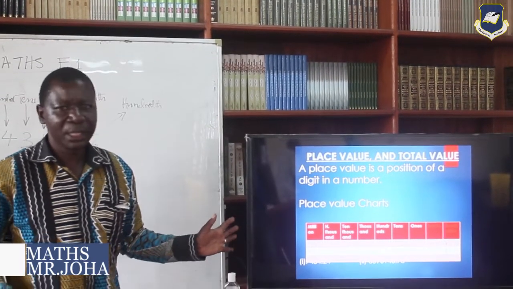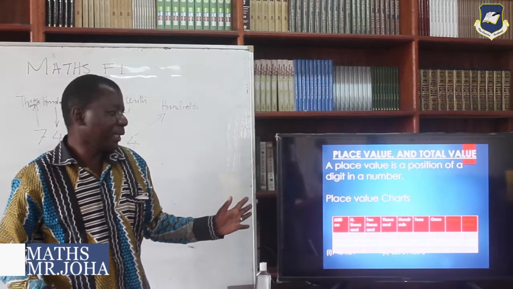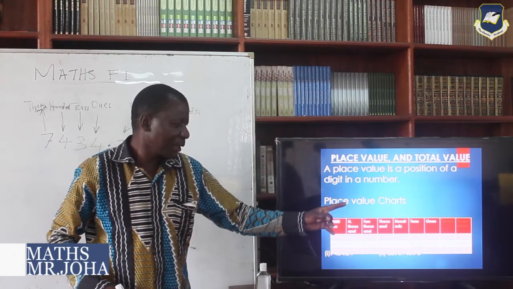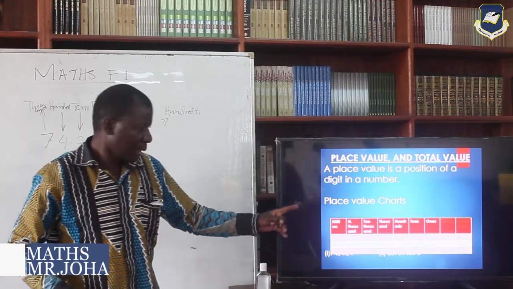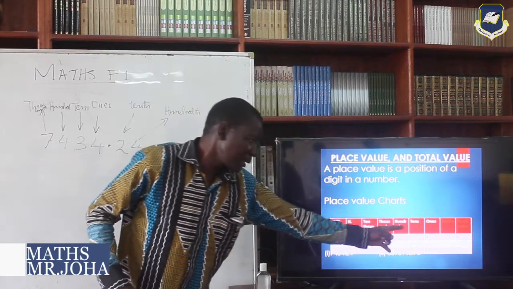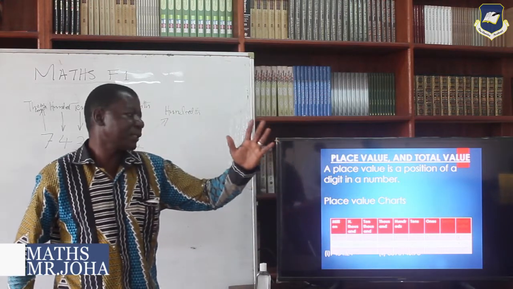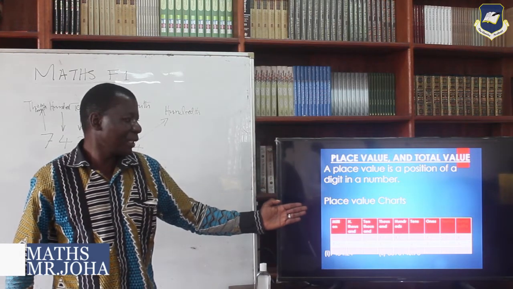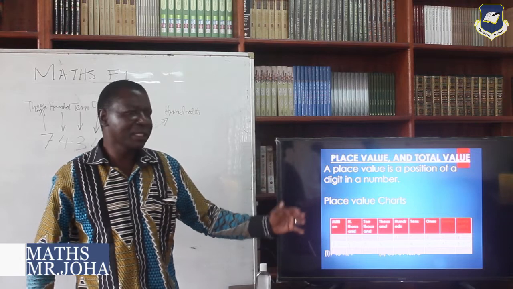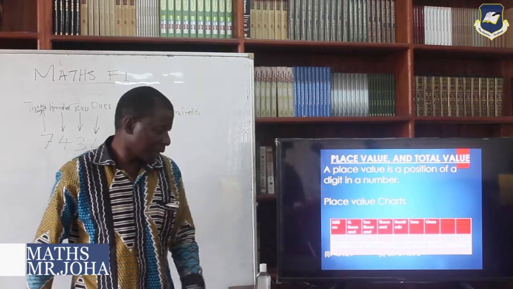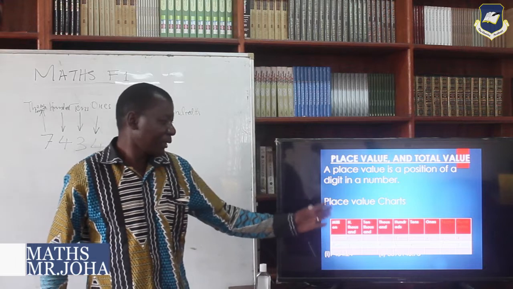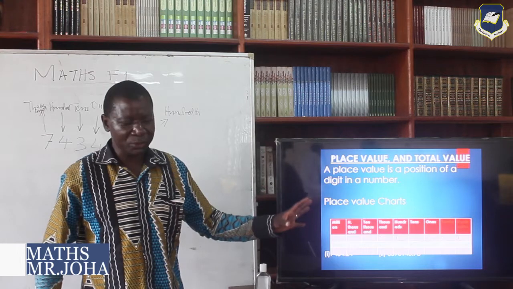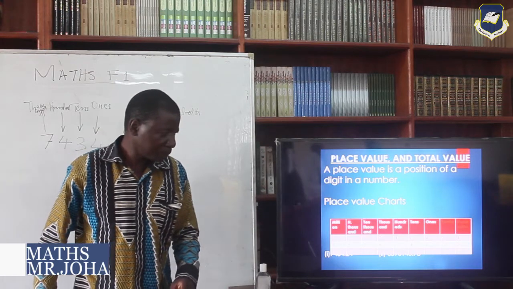This other side, on the left hand side, is the whole number side. Now each digit has a place value in that number. For example, 4 is in the place value of ones, 3 is in the place value of tens, 4 is in the place value of hundreds, and 7 is in the place value of thousands. And it can go on to 10,000s, 100,000s, million in those place values.